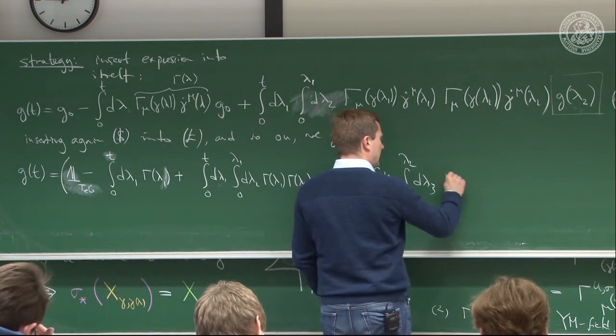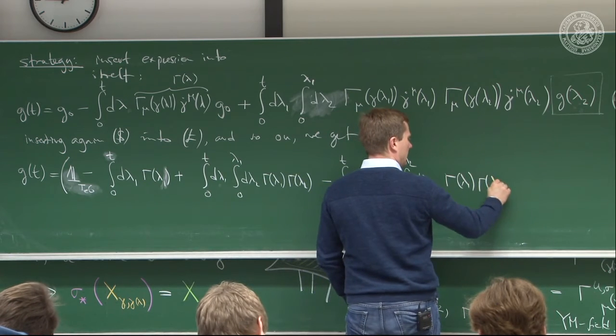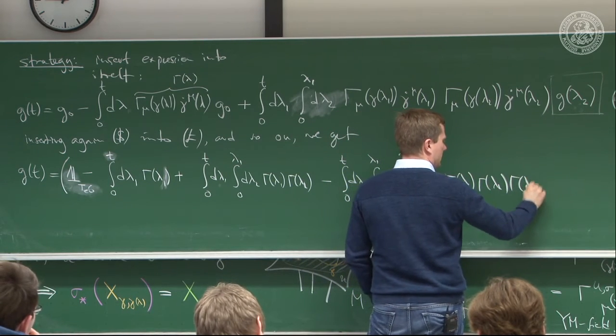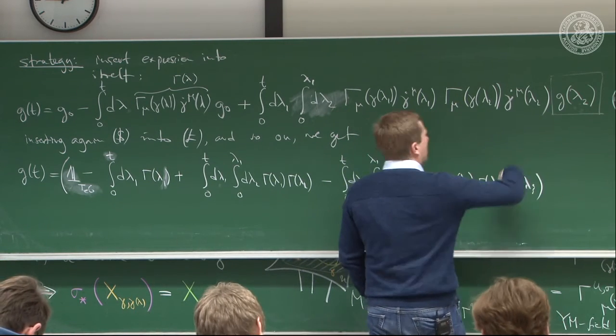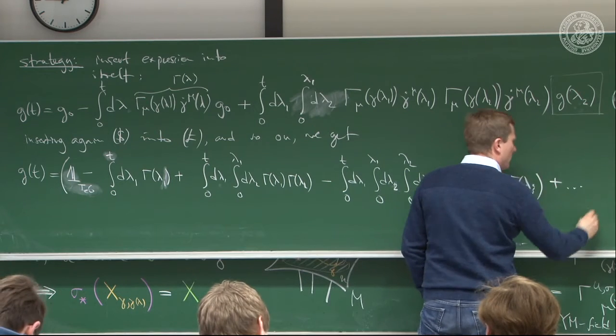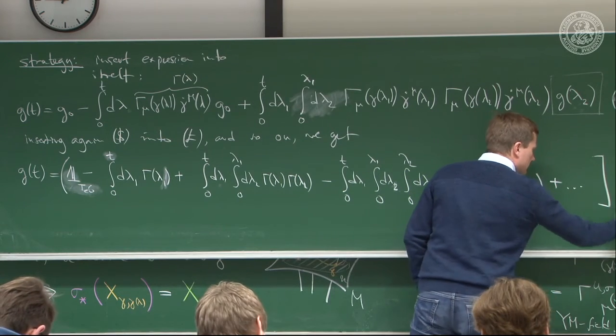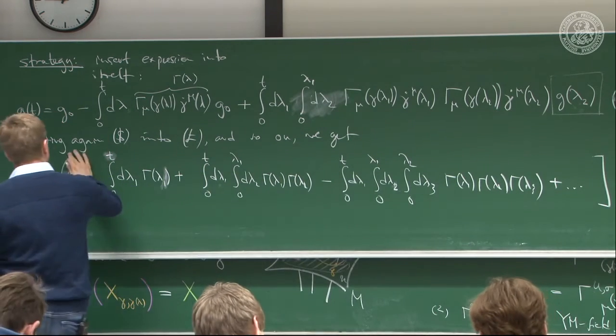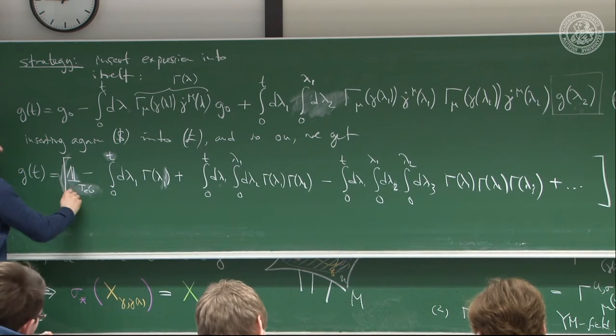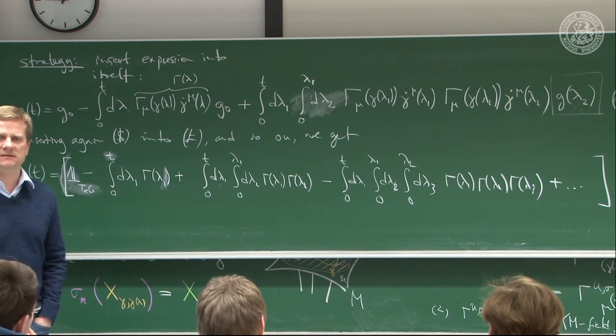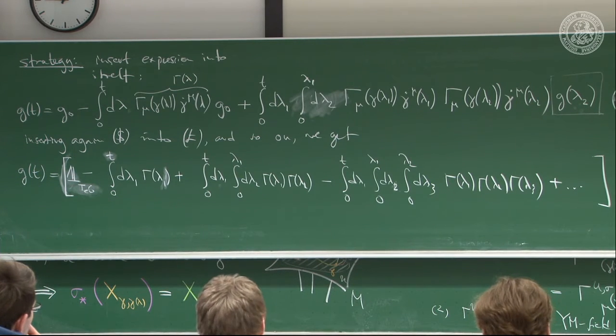Now come three gammas, gamma lambda 1, gamma lambda 2, gamma lambda 3, plus, and so on, more and more integrals, but at the end of every one is the G0. Okay? And it continues like this. This is what happens.